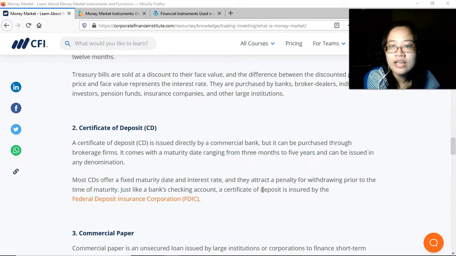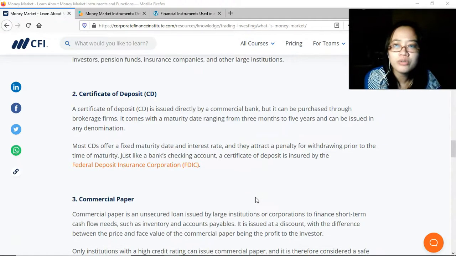They attract a penalty for withdrawing prior to the time of maturity. Just like a bank's checking account, a certificate of deposit is insured by the FDIC. Okay, not sure if we do have certificates of deposits here in the Philippines, but I think we do, especially if it's being used for business transactions.